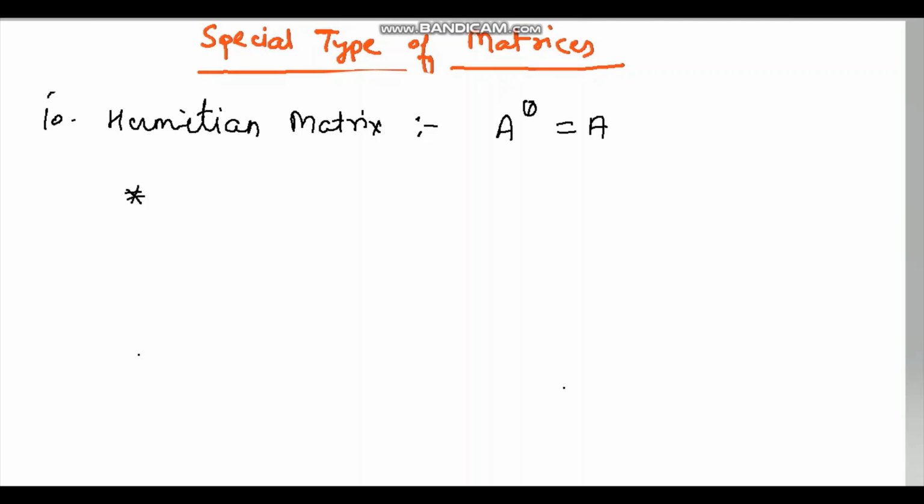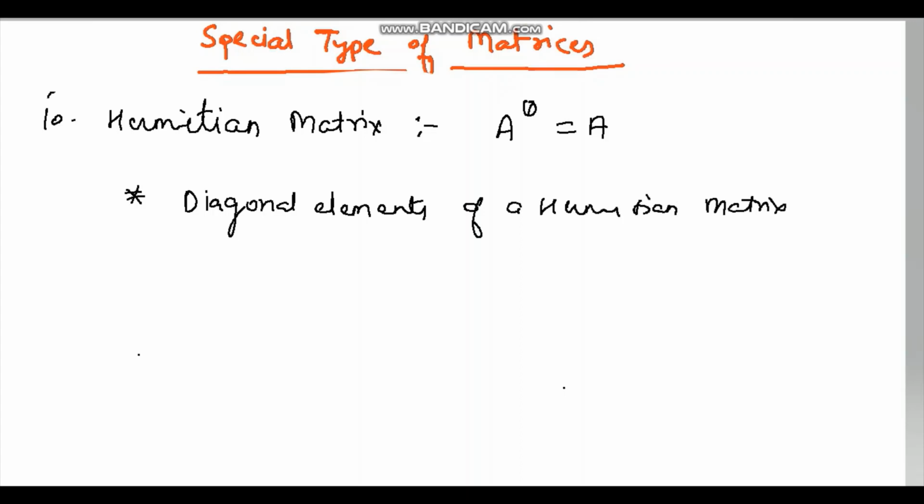Here let us take some notes. The diagonal elements of a Hermitian matrix should be real. Okay.